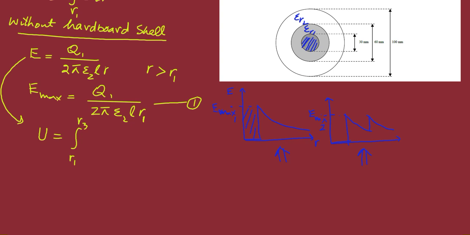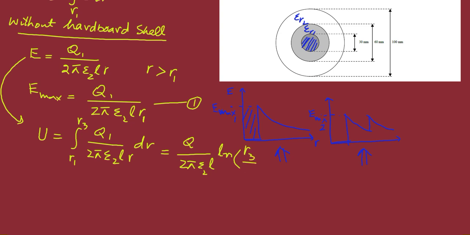We have just one layer of insulation, so that will be Q1 over 2 pi epsilon 2 L r, where we take r as a variable, dr. If we solve it and substitute the limits, we will get Q1 over 2 pi epsilon 2 L natural log of R3 over R1.